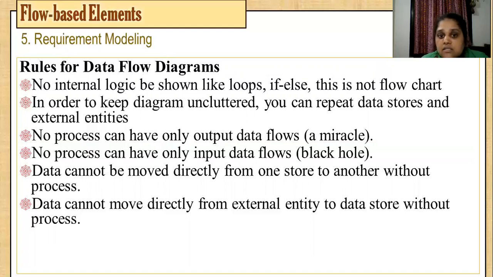So you cannot write something like a decision support or a continuous loop. It is just input and output. In order to keep your diagram uncluttered, you can repeat the data stores and external entities. So if you think your diagram is going very complex, you can repeat the external entities and the data stores in your diagram.